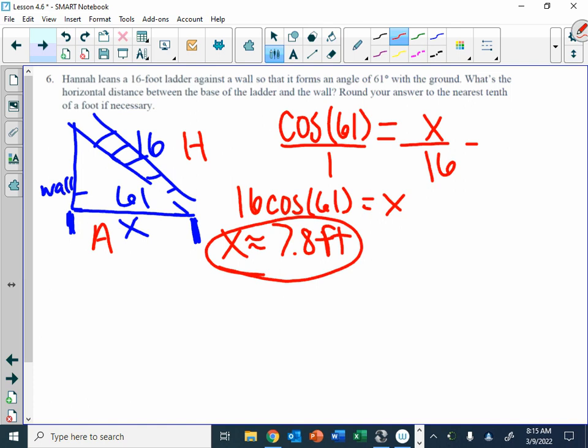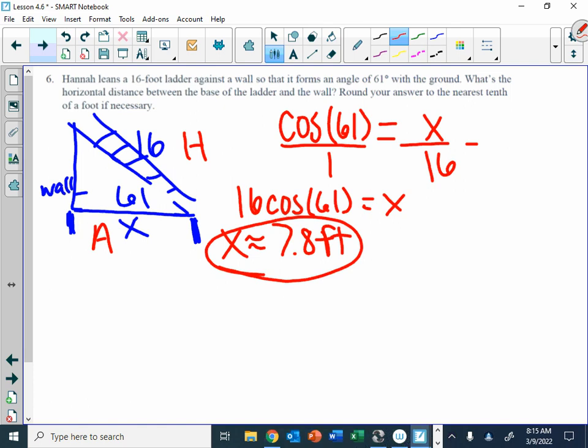What do you do? 16 times the cosine of 61 is what I put in my calculator. Because when I do the cross multiplication, I have 1 times x, so x is already by itself. So I just need to say this times this, just 16 times the cosine of 61.